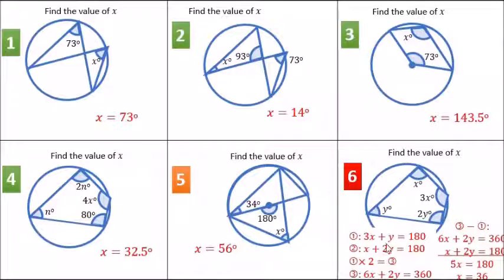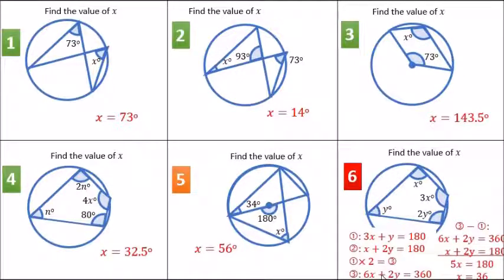If you're not sure about solving simultaneous equations, it's worth recapping that. But we can multiply equation 1 by 2 to have the same coefficient in front of our y's. So if I do that, I get 6x plus 2y is equal to 360, right here.